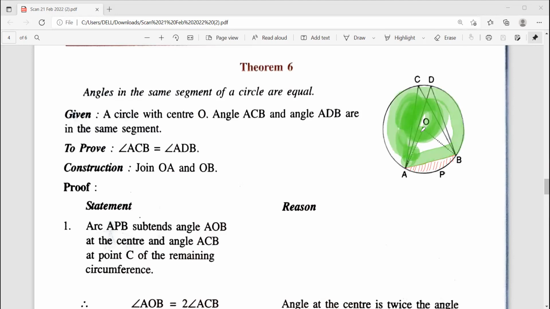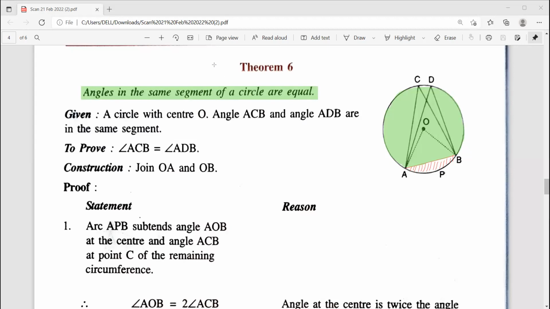This is the major segment. Now remember, students, that there can be infinite angles in this major segment. Those angles are all called angles in the same segment. That is what is written here: angles in the same segment of a circle are equal.